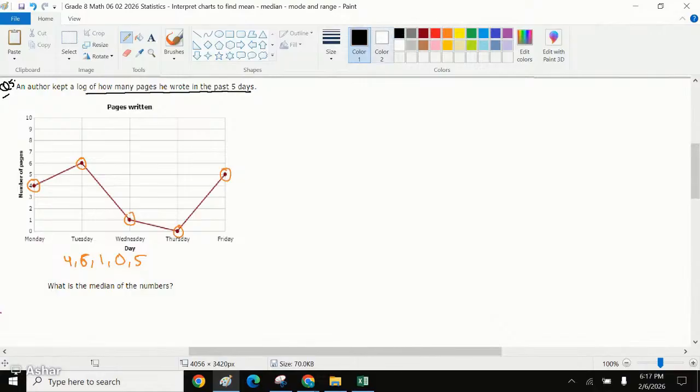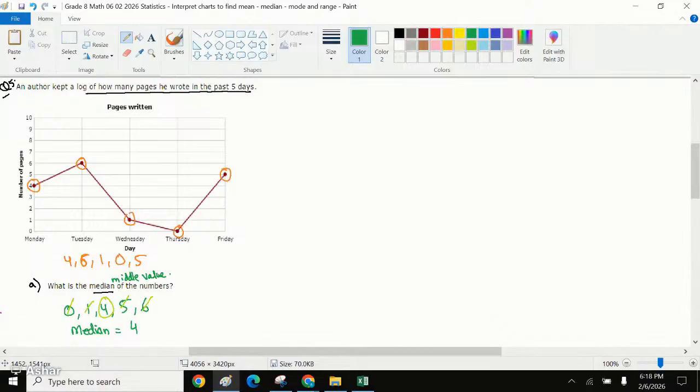So for the first part of the question, they're asking us, what is the median? We know that median is always the middle value. So we arrange them in ascending order. Can we say 0, 1, 4, 5, and 6? And which value is the middle value? So we can say the median number of pages he wrote is 4.